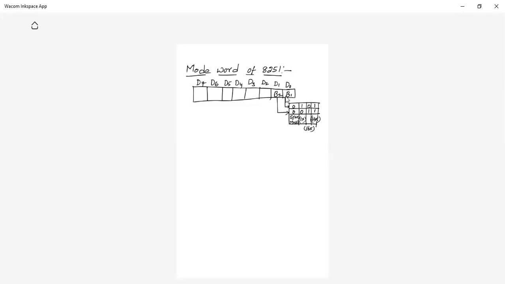Initially it starts with 300, 600, 1200 and 2400, and after that 4800, 9600, like that the baud rate changes. So tomorrow I will explain what the baud rate is that you can achieve with 1x, 16x and 64x, right?